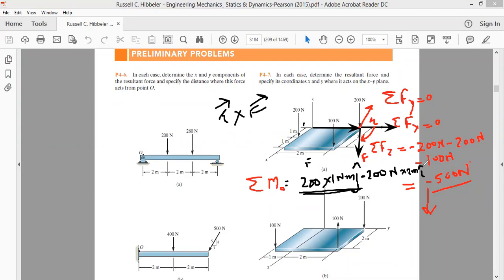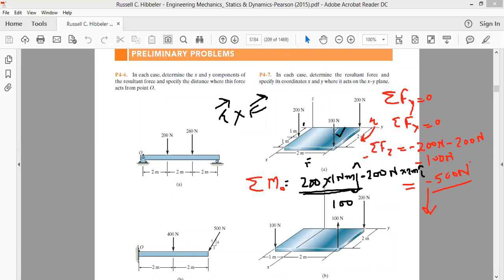Now we'll be taking the moment because of this 100 Newton force. The moment because of this 100 Newton force will be equal to force multiplied by the force arm. Force is 100 Newton multiplied by the force arm, the perpendicular distance, which we take as r cross f.